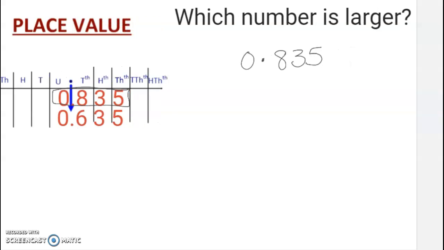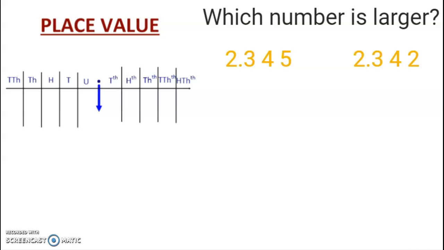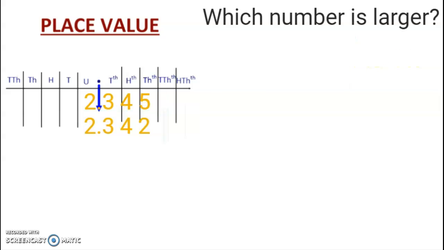Let's have a look at a slightly different example. This one, I haven't got a 0 point anymore, I've got a 2 point. So, again, using the same method, if I put the number in the place value chart and I line up that decimal point, and I do the same with the second number as well, lining up that decimal point, I can now really clearly see that again, that first number is the bigger one. 2345 is ever so slightly bigger than 2342.